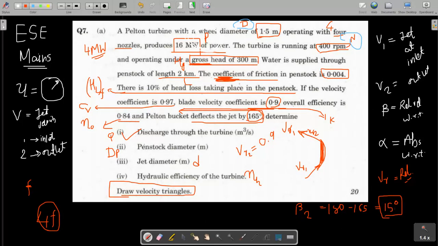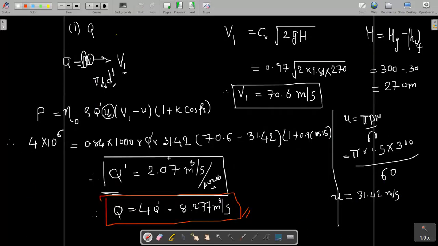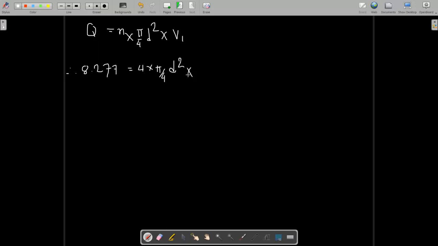Now second is penstock diameter, but before that we will solve jet diameter. Why? Because it is convenient: Q is equal to number of nozzles into nozzle area, pi by 4 small d square, into inlet velocity V1. So Q is 8.277, N is 4, into pi by 4 d square, into inlet velocity 70.6.